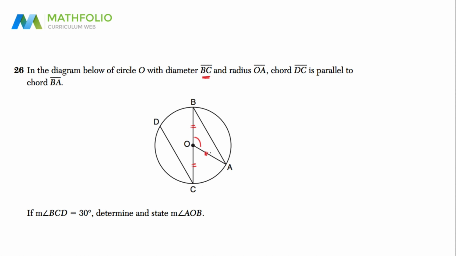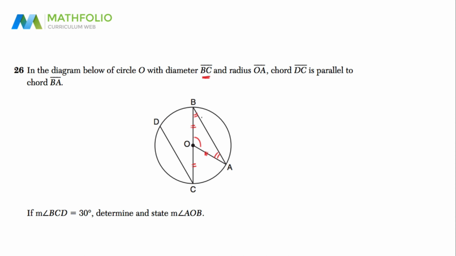Now if you look carefully, this triangle ABO is in fact an isosceles, so these two are congruent because they're both the base angles. We're also told that DC is parallel, so DC is right here.